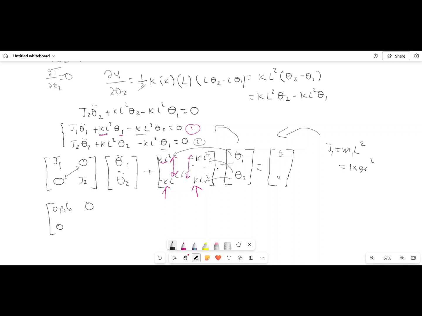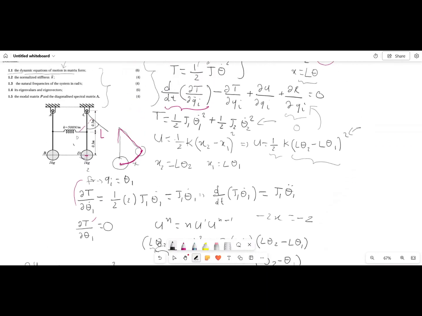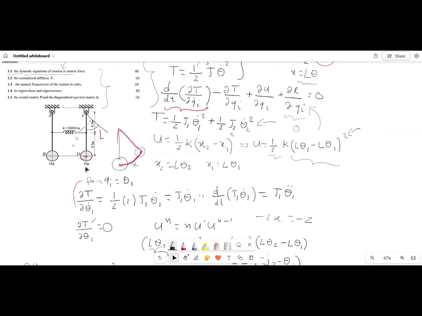Okay, guys, remember also here that the masses are the same. They said both masses are equal and they have the same length. If you look at the problem, let me zoom out a bit. It is 1 kg, and they're both located at the same distance.